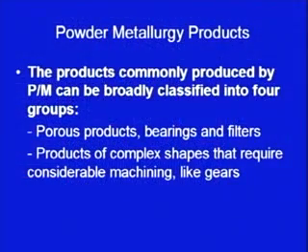Now, powder metallurgy products. Till now we have seen that powder metallurgy is used for making different types of products. So, powder metallurgy products can be of different dimensions or different application spectrum. Products like bearings and filters. Then the products of complex shapes that require considerable machining like gears.